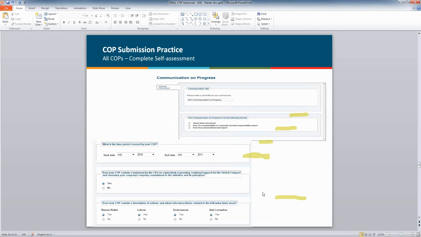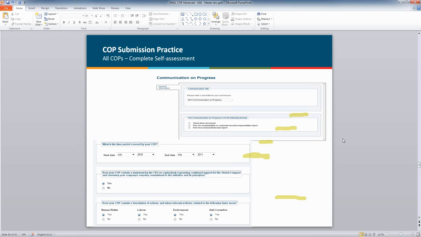Then the system asks a series of questions. Many of these questions actually do not have an effect on the level of your COP. For example, the system asks you what is the title of your COP. It doesn't matter what title you have; it will not affect the level of your report.